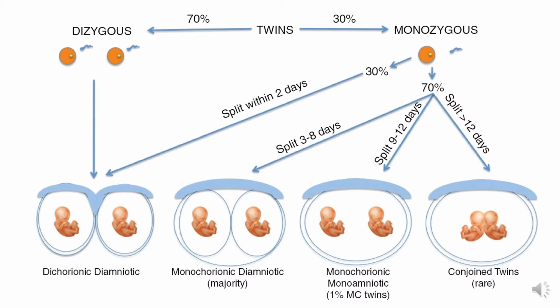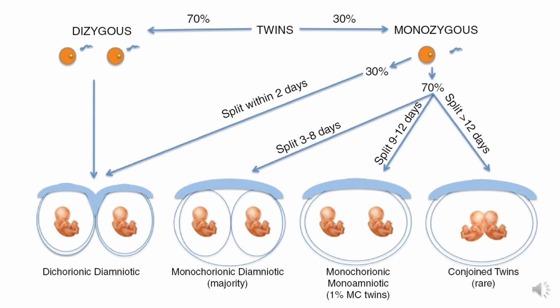If you're splitting a little bit later, so 3 to 8 days, or some people say 4 to 8 days, then you get a monochorionic, diamniotic pregnancy. So they're sharing a placenta, 2 separate sacs, okay? If you are splitting even later than that, so somewhere between 9 to, some texts say 12 days, I've seen 13, then you get a monochorionic, monoamniotic.